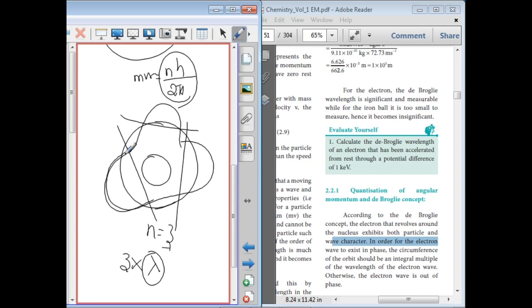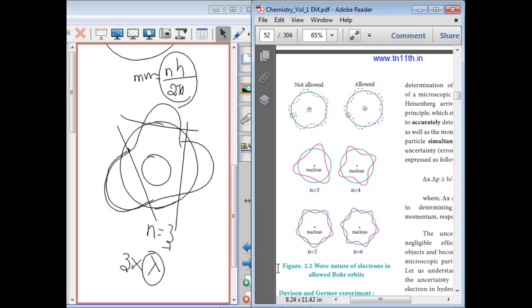Otherwise this is out of phase. Out of phase means the electrons will not revolve like this. So out of phase is not an allowed transition. So it is not an allowed transition, and it will not be perfect. Only if there is an integral multiple is it an allowed transition.